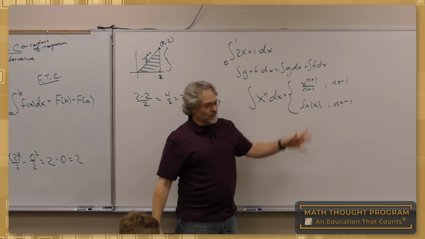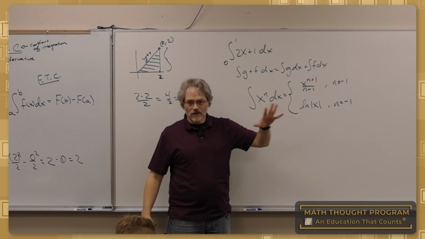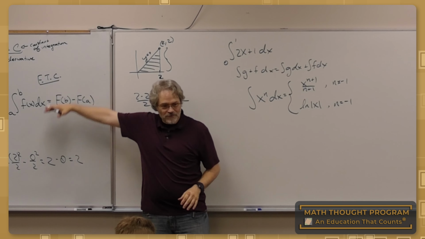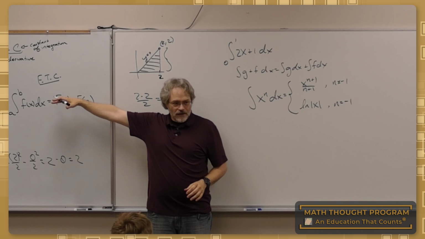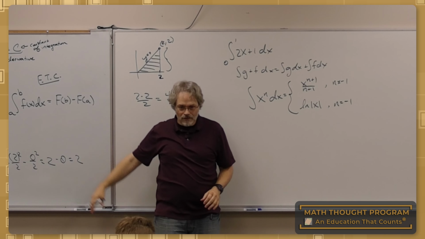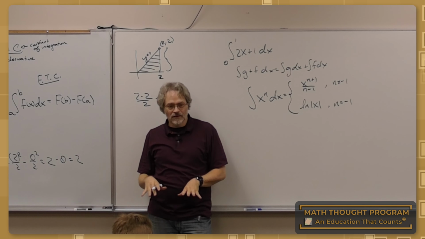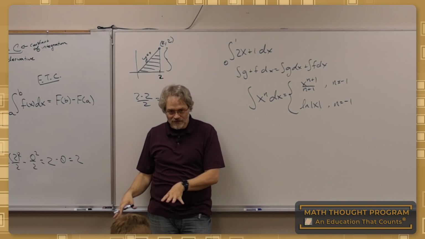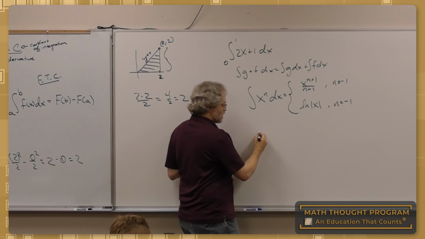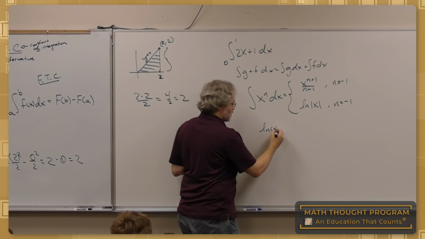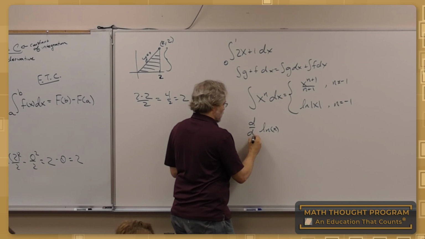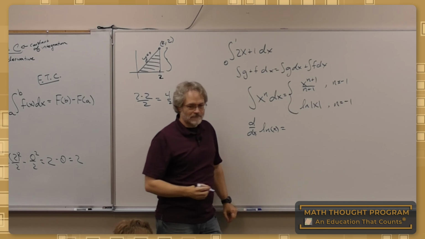Now, the reason why it's going to be the natural log of x, look at the relationships again between the integrand and the antiderivative. If you take the derivative of your antiderivative, you're right back to the integrand. If you take the derivative of natural log of x, what do you get?